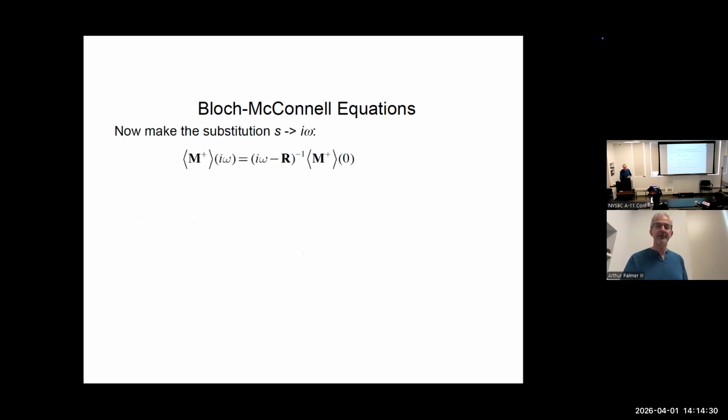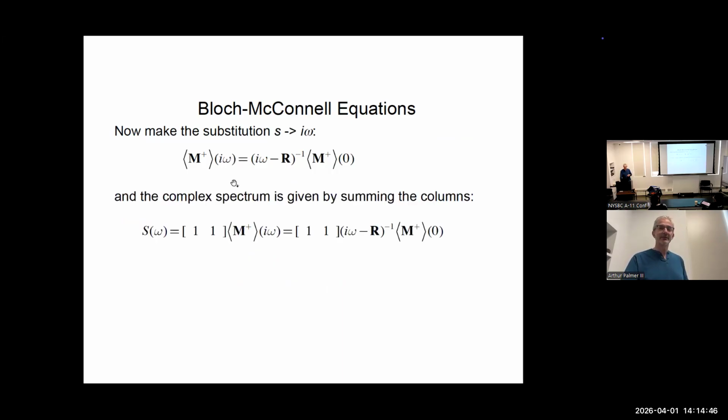We can use a trick and substitute s by i omega. And when I do that, I have something that looks like I'm in frequency space, which is where my spectrum is. And then I need to sum all the columns. My spectrum is going to have the contributions from species A, species B, species C. So this just does the dot product, gives me the sum.